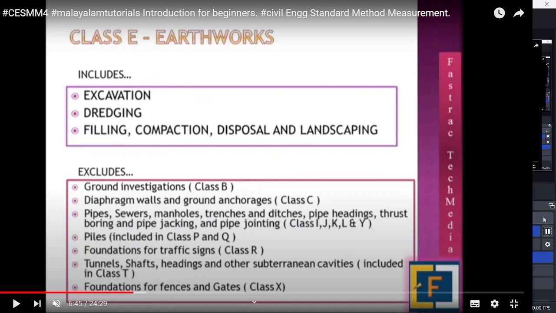Because if it works 2 hours for the foundation for fences and gates, the rate is different. Maybe for the building the rate is $1,000, but for fences and gates it may be $3,000 because the output will be different. So based on these factors, this is defined.